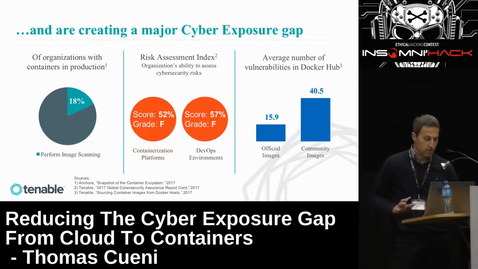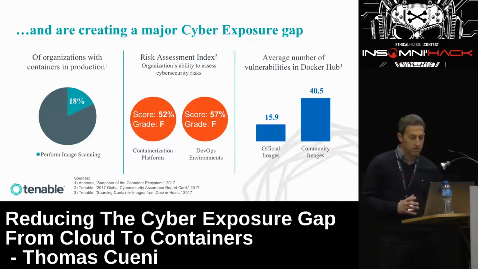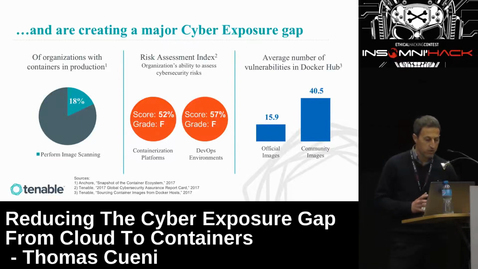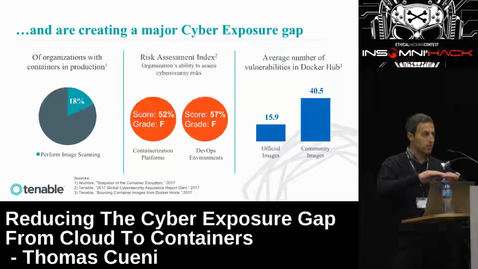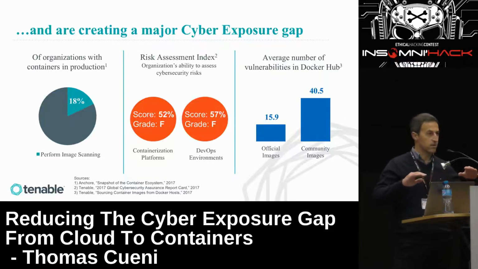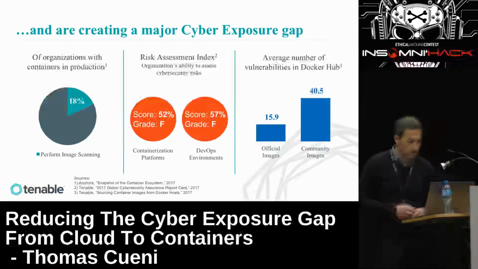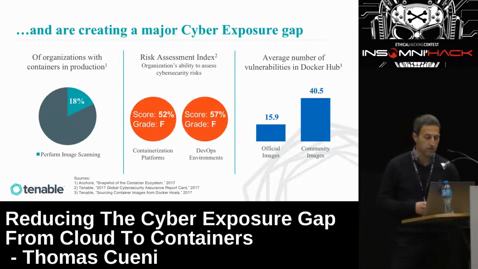We have also scanned images that were used by some of our customers, and we have found that the general security score for their container images is really, really bad. In American terms, it would be grade F, which is the lowest grade available.